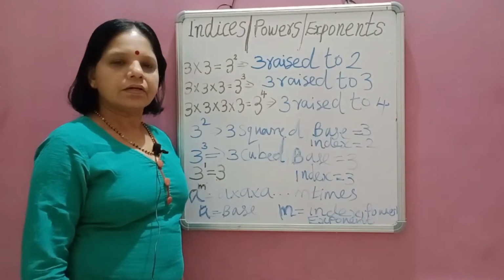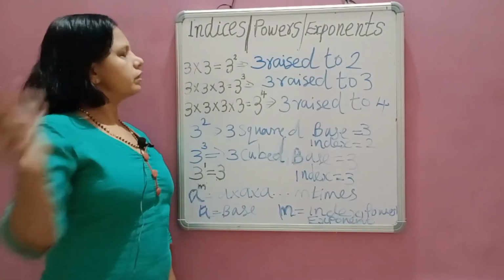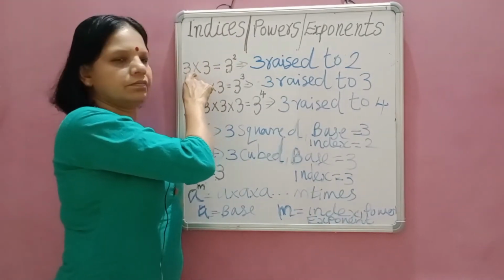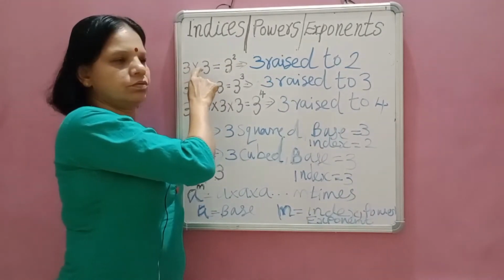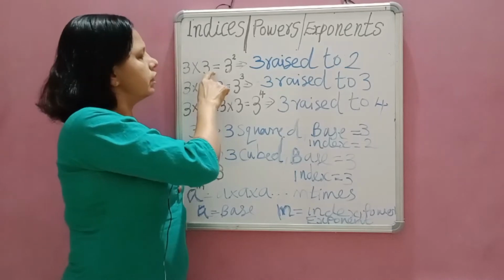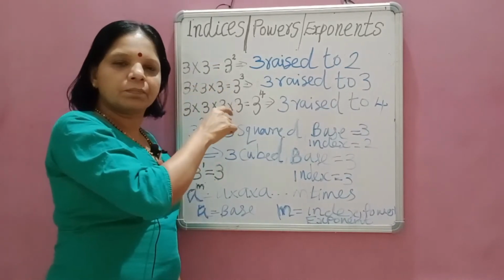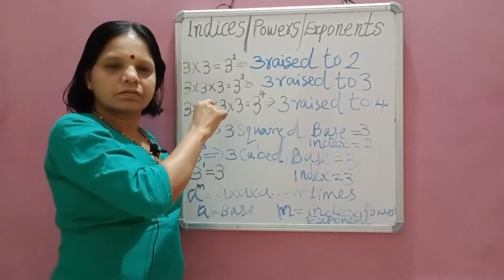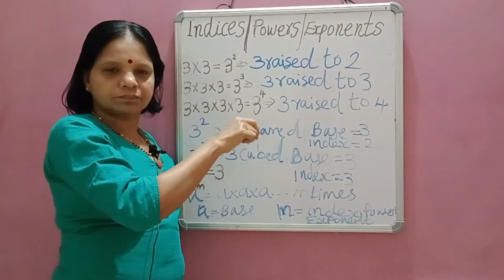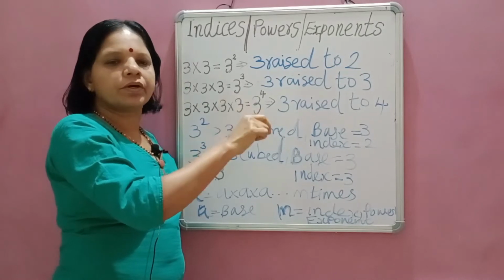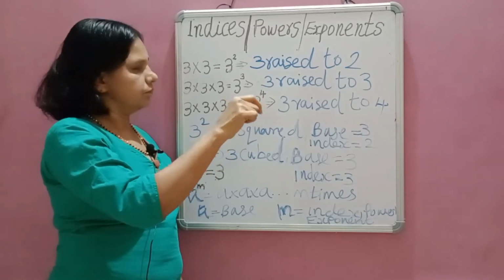I took any number, 3. So the first step, 3 into 3. You know that 3 into 3, repeated multiplication by itself 2 times, is nothing but square of 3.